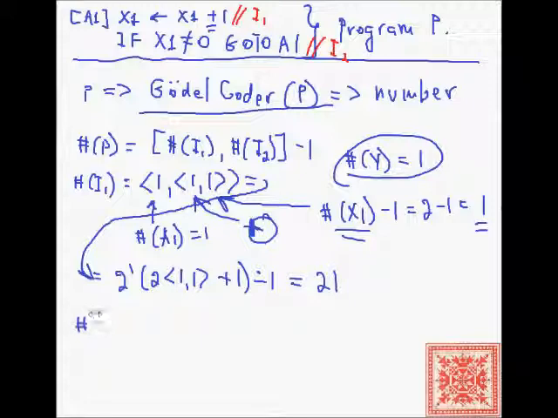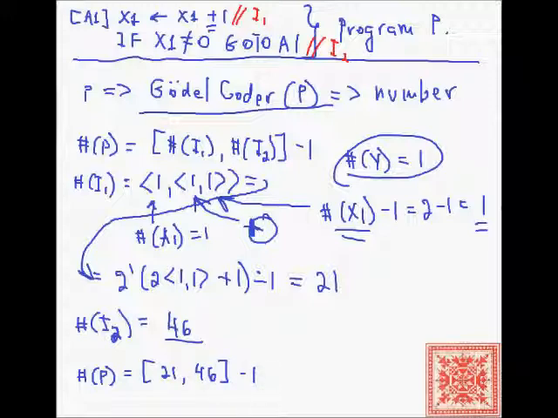And if you work it out, it's equal to 21. And if you work out the number of the second instruction, that comes out to be 46. You can work it out through the pairing functions and the labeling, and just watch the previous 2 screencasts on the theory of computation on Gödel numbers and pairing functions.